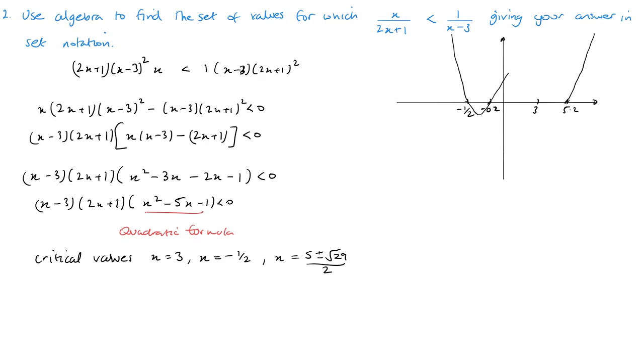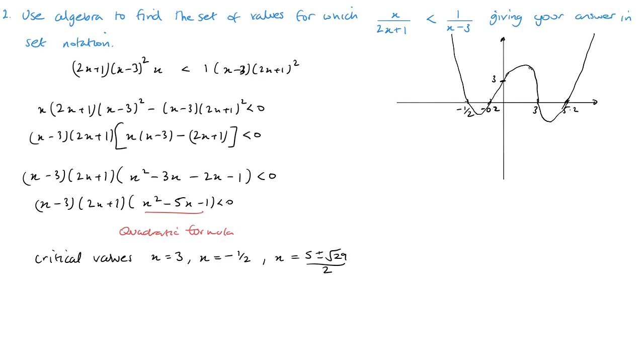We'll cross this line and then we go down to the 3 and up to that 5.2. This point here where it crosses the y-axis, we can see minus 3 times 1 is minus 3, times by minus 1 is plus 3. So this is going to be at just that 3 there. But I don't need to worry about that. The sketch is just so that I can set out my set of values.